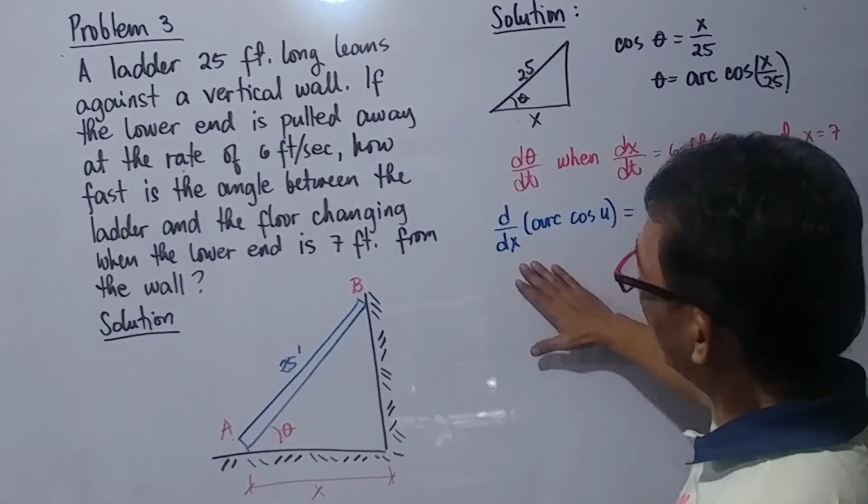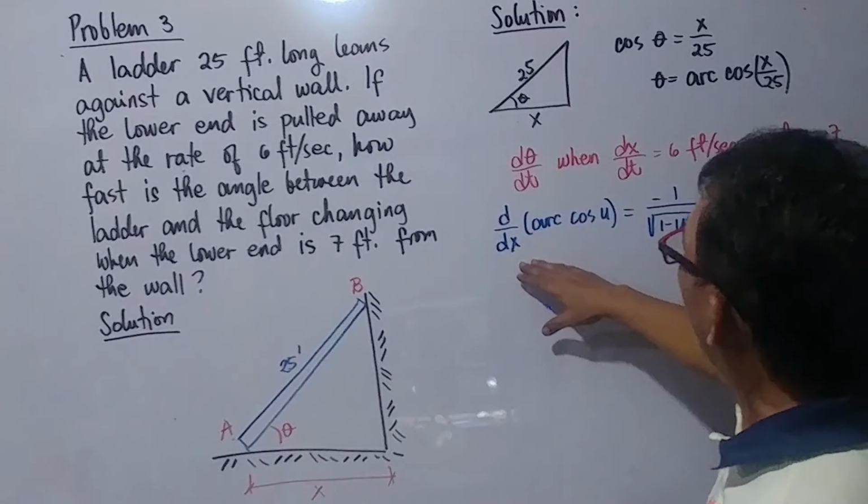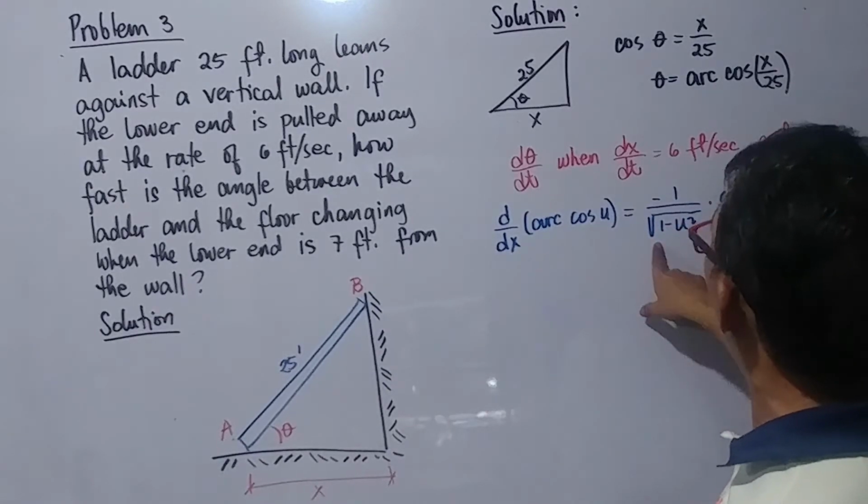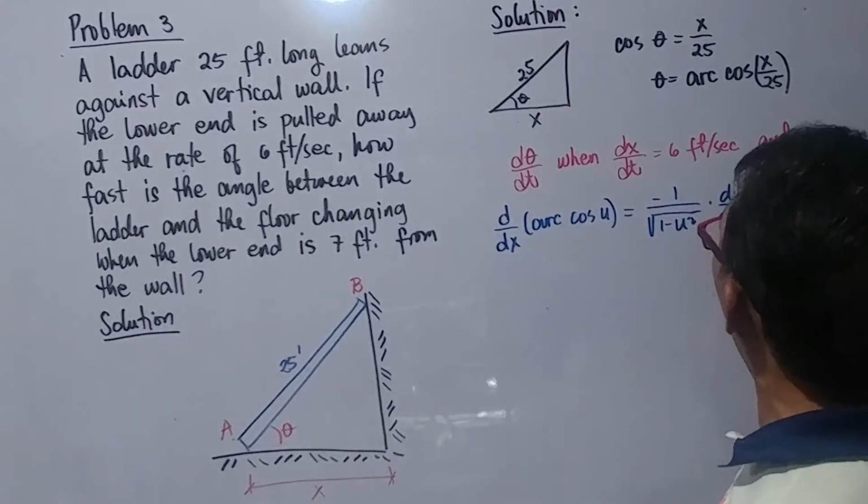Applying now the arc cosine formula for the differential, we have negative 1 over the square root of 1 minus u squared du dx.